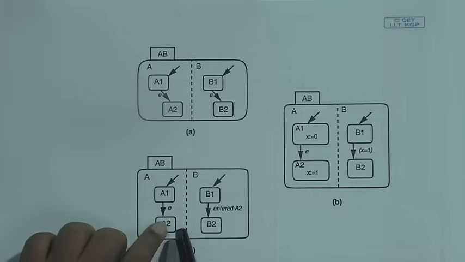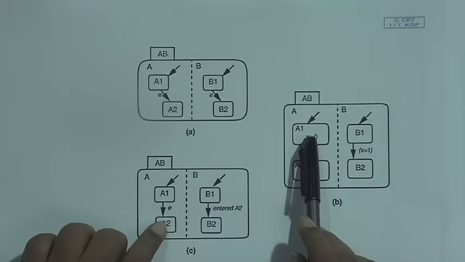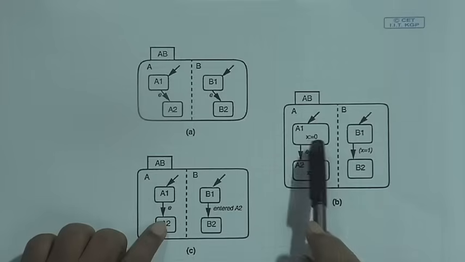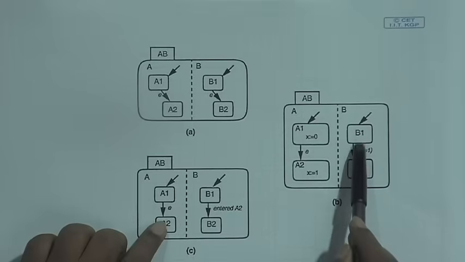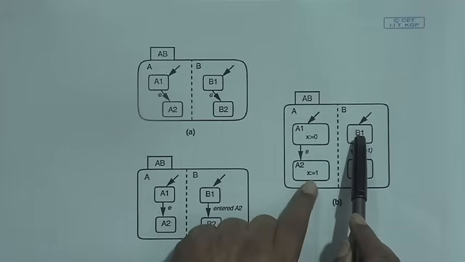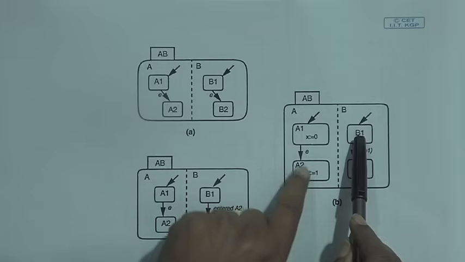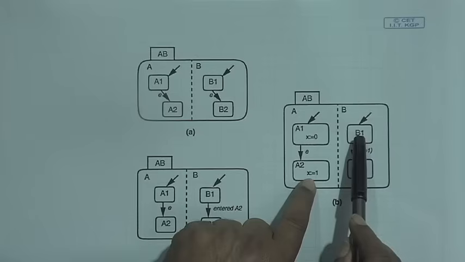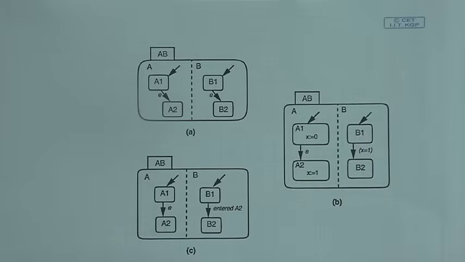Here some state, this one is data driven synchronization. So, as this data comes here, I make this transition. So, this was made to wait till process A reaches A2 and makes x to be 1. Okay. That is also data dependent synchronization.